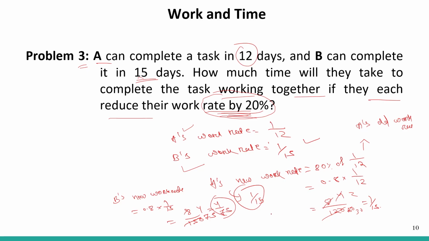So their combined work rate will be 4 by 75 plus 1 by 15. So this will be 4 plus 5 by 75, that is equal to 9 by 75. This is their combined work rate.